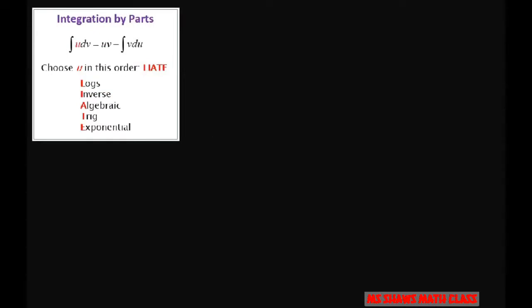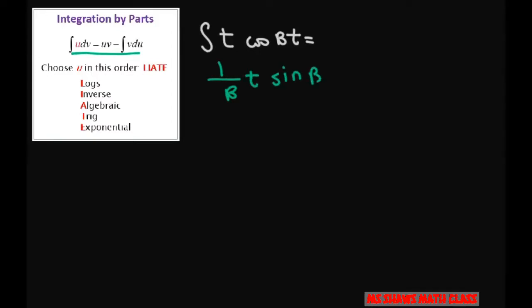Once you have that, we do that again. What we're trying to do is the integral of t cosine of beta t. Using this formula, it's going to give you 1 divided by beta t sine of beta t minus the integral of 1 divided by beta sine of beta t.